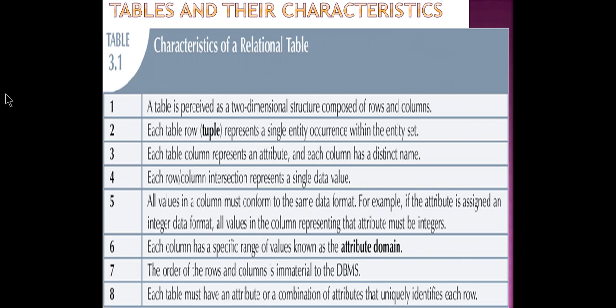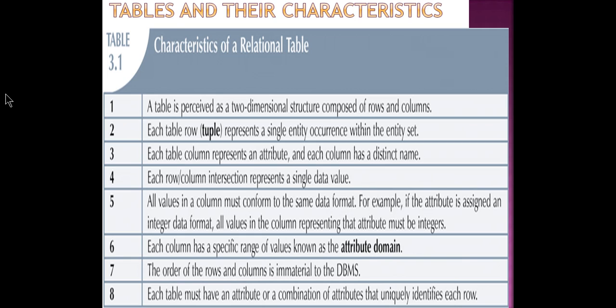Similarly, each table column represents an attribute and each column has a distinct name. The intersection of each row and column is known as a field, and the value of the field must be atomic, or indivisible, or a single value.